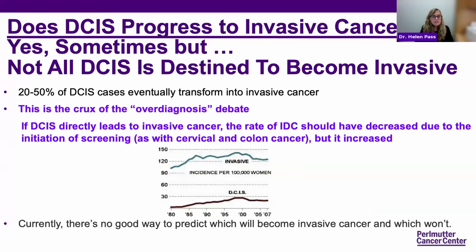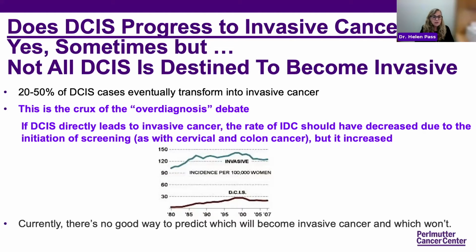And I think this is where some of the crux and confusion is: are we overdiagnosing DCIS? Is it going to sit there and never be a problem, or is it going to grow into an invasive cancer where it's got the possibility of spreading?